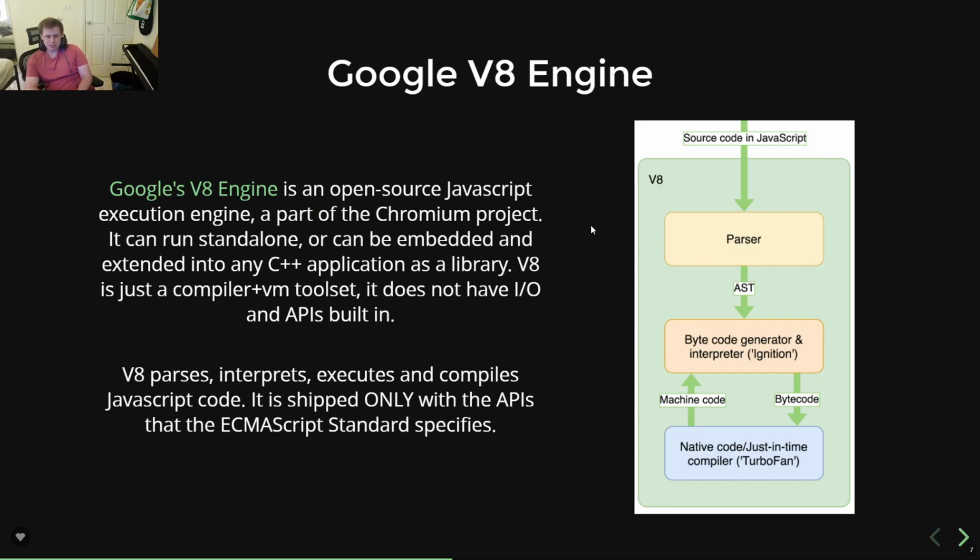It's not just that you compile your own thing and can run code on it; you'd have to do a lot more than that. But the idea is it's a base component that you can then apply to a bunch of other applications. There's a line here which is that it can run standalone. Basically, it can take in JavaScript syntax and process it, or it can be embedded and extended into any C++ application.